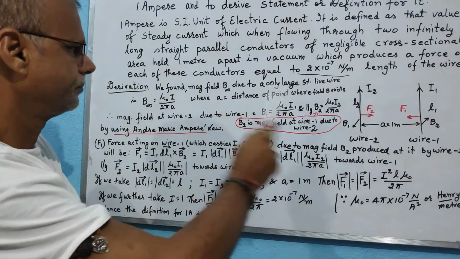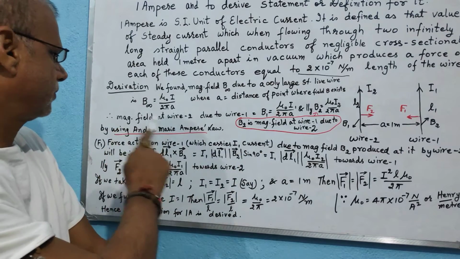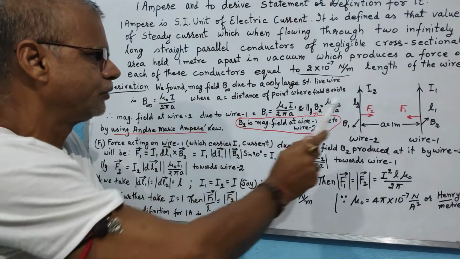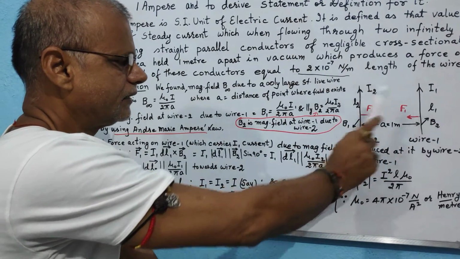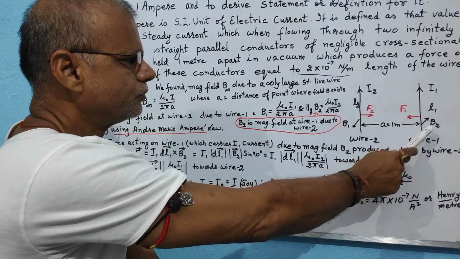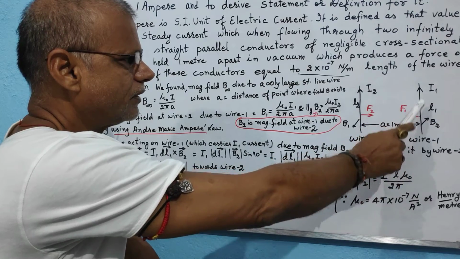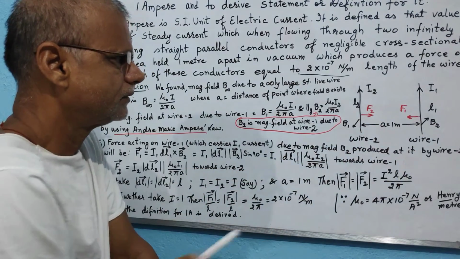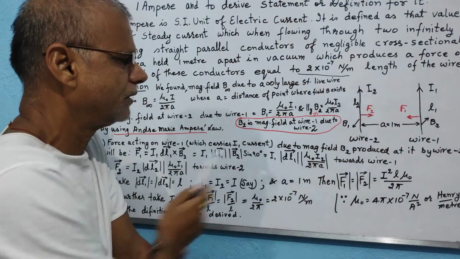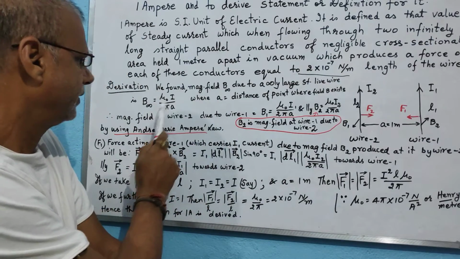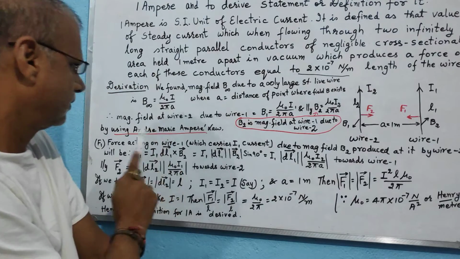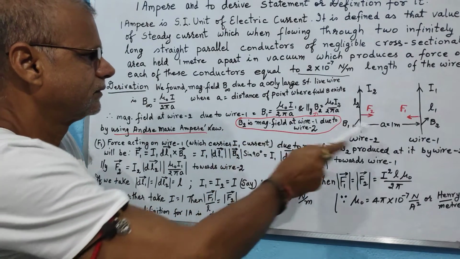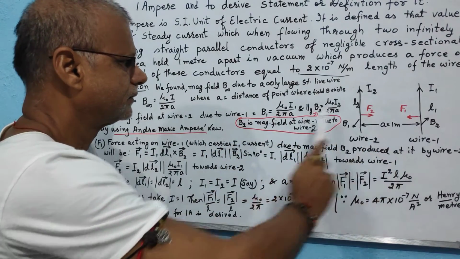So the magnetic field at wire 2, this is wire 2, this is wire 1. The magnetic field at wire 2 due to current I1 flowing through wire 1 will be given by B infinity, mu 0 I1 divided by 2 pi a.